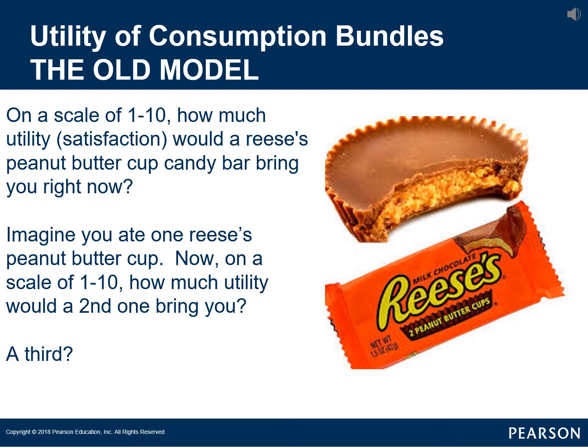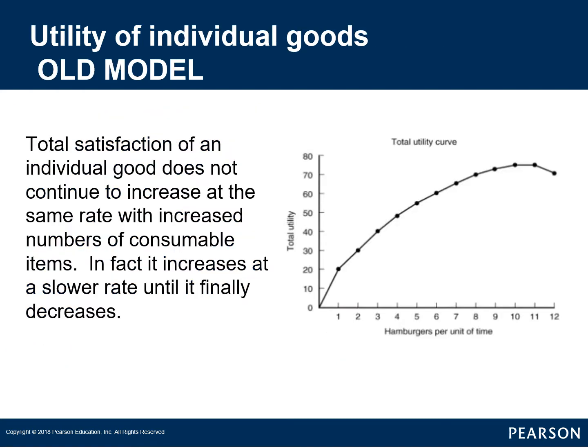So the idea here is that we used to measure satisfaction in numbers, but increasing the number of an individual good will not always continue to increase satisfaction at the same rate that the first item satisfied you with. This can apply to anything.